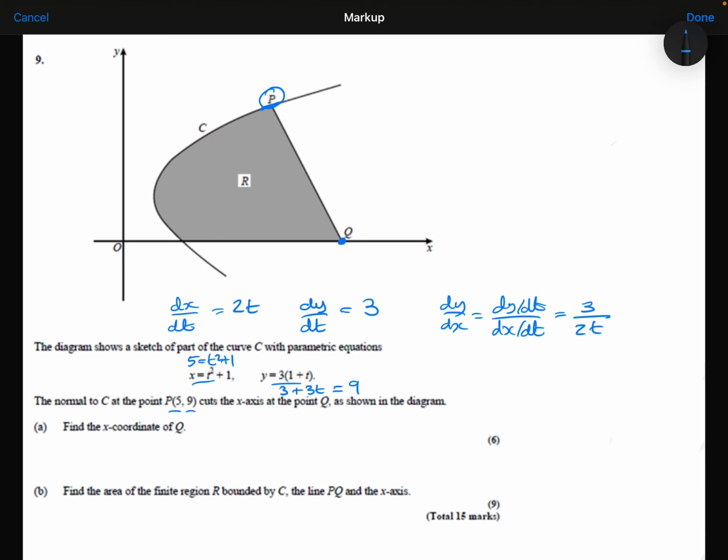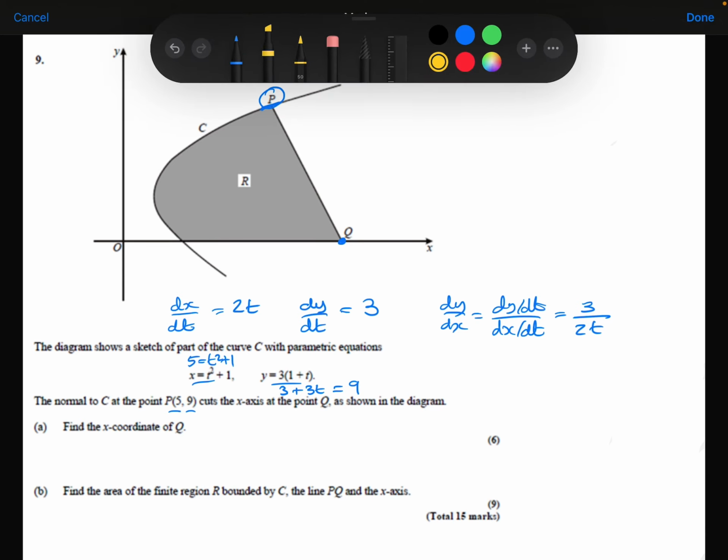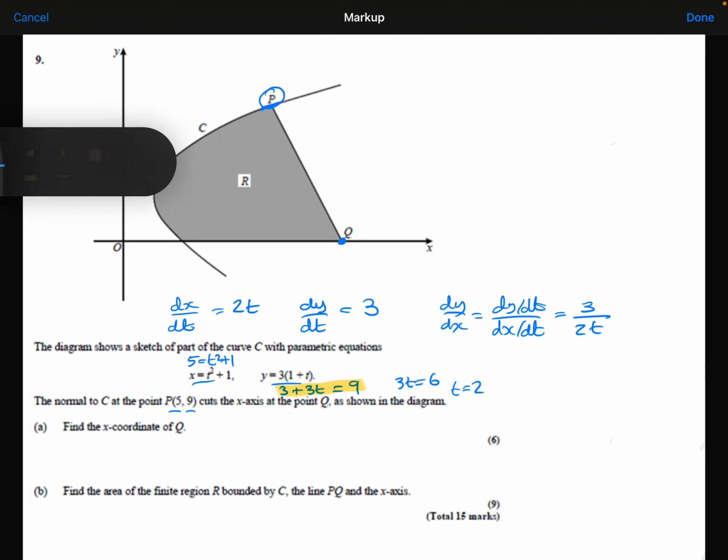I'm going to continue with the y function because that's linear. It's only going to give me one answer, whereas the quadratic will give me 2 different values for t, so I wouldn't know which one to pick. Taking the 3 away from both sides, 3t is 6. So therefore t is 2 at point P.